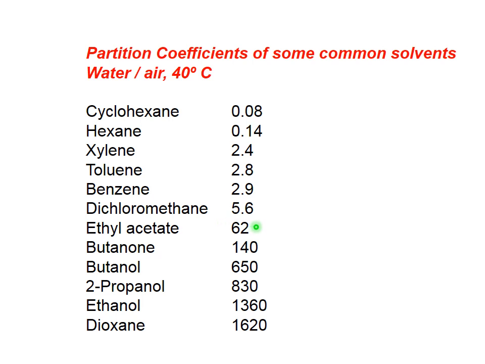Even more ketones, ethers, esters, alcohols usually like water, like dissolves like, they have hydroxy groups. Still, concentration of ethanol and dioxane will be high enough if you increase the temperature of your aqueous solution.